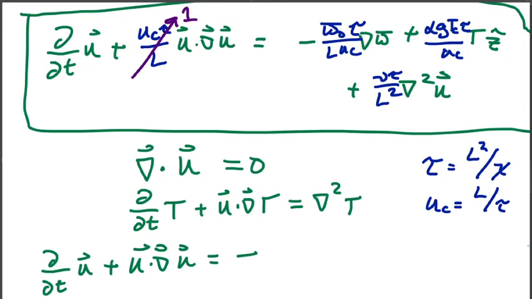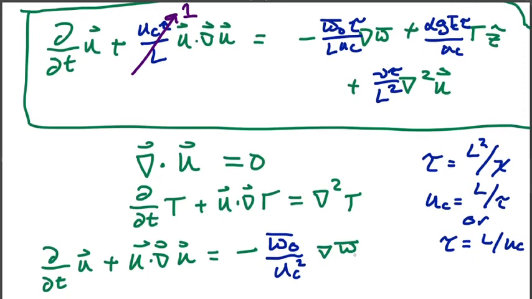So this is omega naught, and I'm going to invert my uc here. We could also say that tau is equal to L over uc, and I'm going to substitute that in for tau in this spot. So this actually becomes omega naught over uc squared times grad omega.